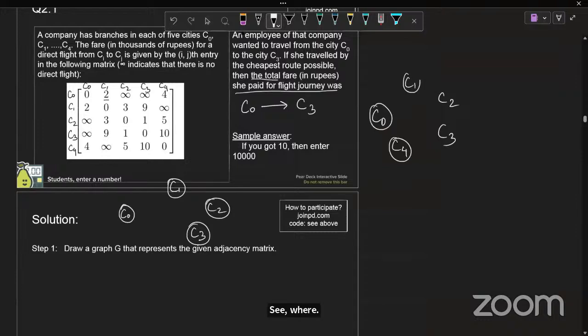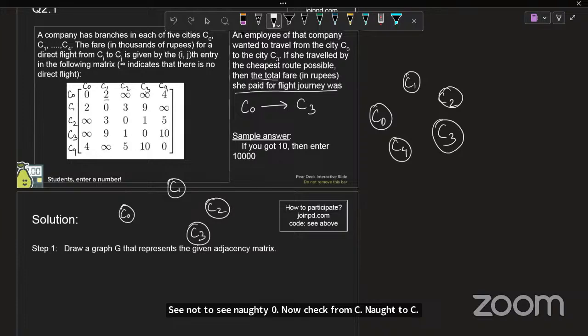These are the vertices. And now check: C0 to C0 is 0, right? Now check from C0 to C1, is there any weight? Yeah, 2. So C0 to C1, there is a weight which is 2.